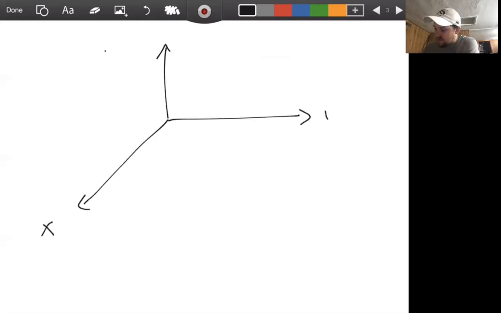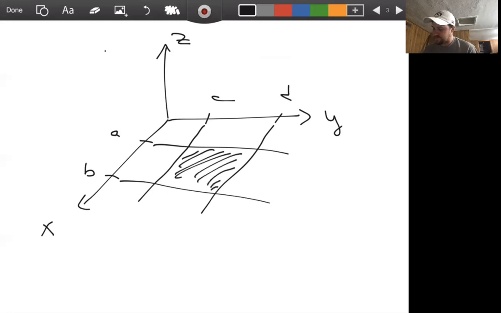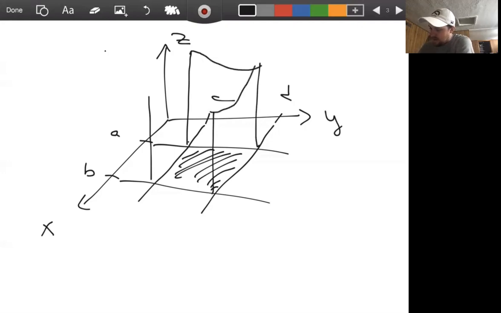And so what we're looking at now when we're talking about integration is, if we have some rectangular region R, which is [a, b] cross [c, d], in the xy plane, something like this down here, then you can imagine that above this we have some surface defined by f.